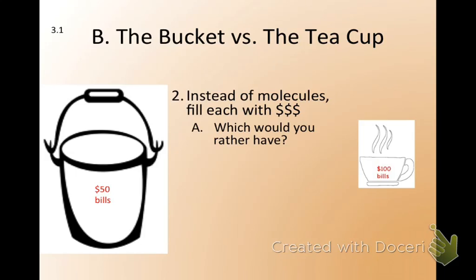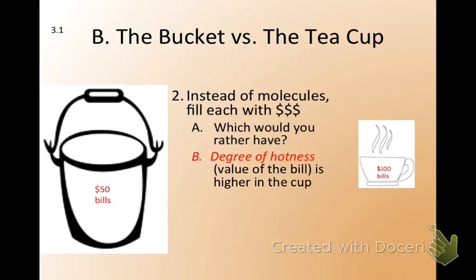So the bucket, being so much bigger, contains so many more bills than the teacup does. You'd be foolish to take the teacup. You'd go ahead and take the bucket. So this analogy is what we can use to explain why the bucket would be the better choice when filling up your swimming pool.